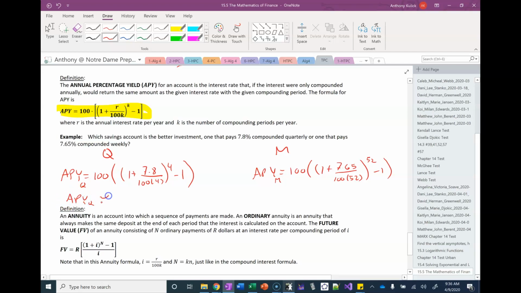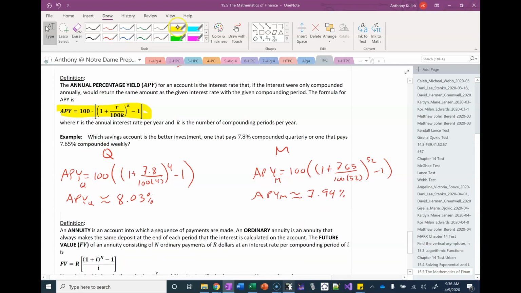So APYQ is about 8.03%, and my APY for M is about 7.94%. So which one would we want? We want the bigger one. So this is the better one.